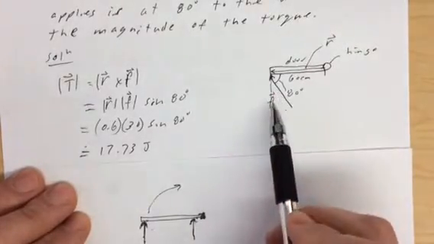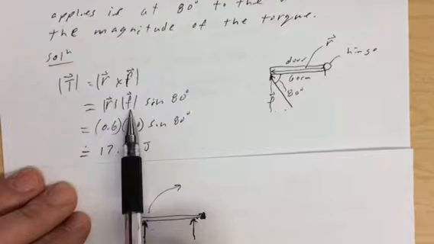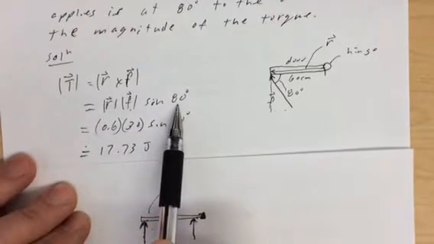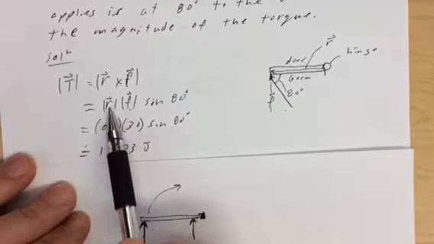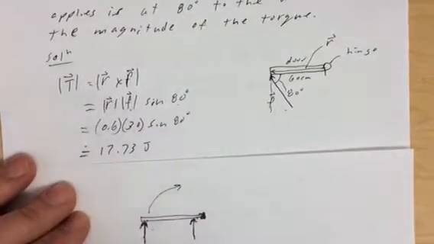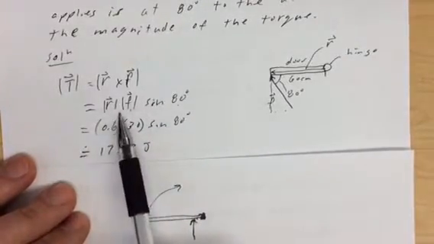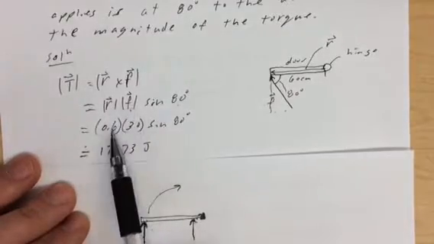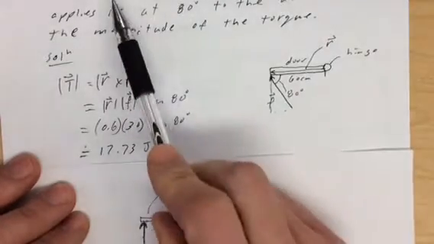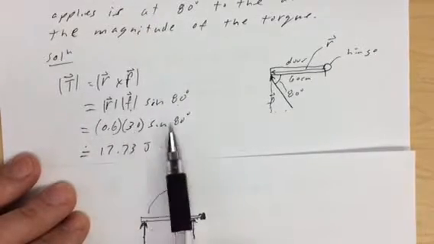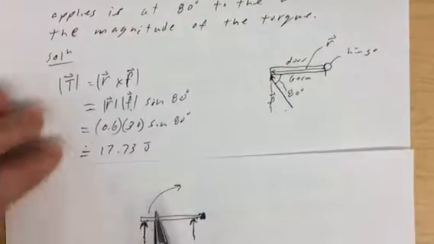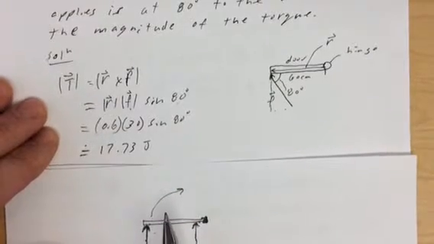How you get that is the magnitude of the force times sine of 80, which works out to the cross product when you multiply it by r. So this is the formula for this problem. Magnitude of r times F: 0.6, don't forget to change the centimeters to meters, 30 newtons, sine of 80 degrees gives you 17.73 joules.